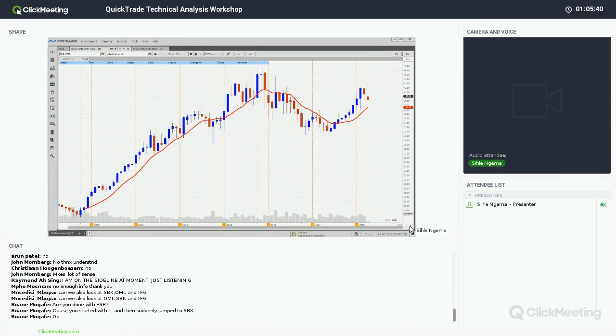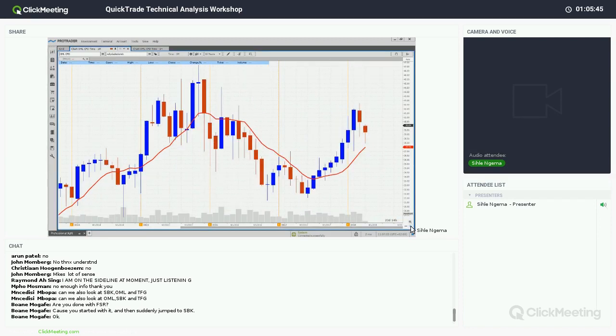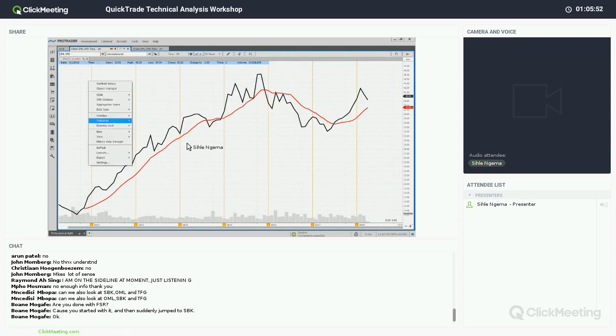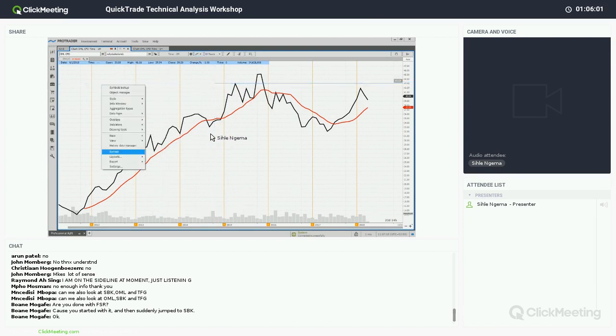Okay, the monthly on Old Mutual is saying that Old Mutual is a buy. Old Mutual is looking good, but let's check what's going on here. Let's look at these turning points.